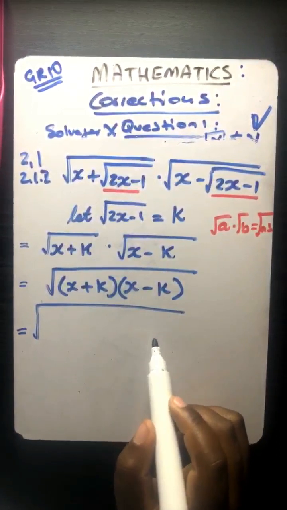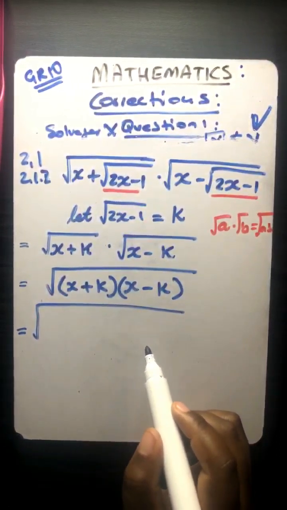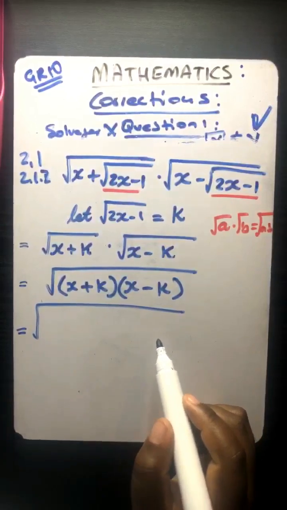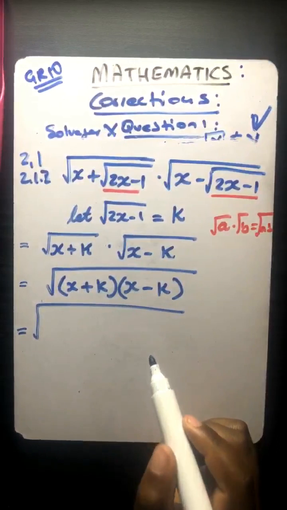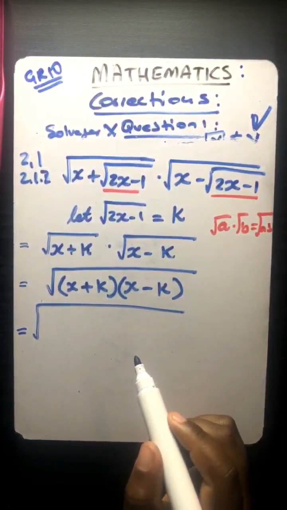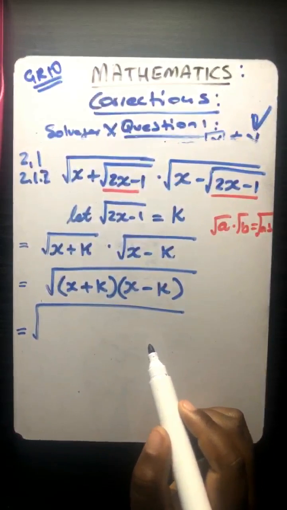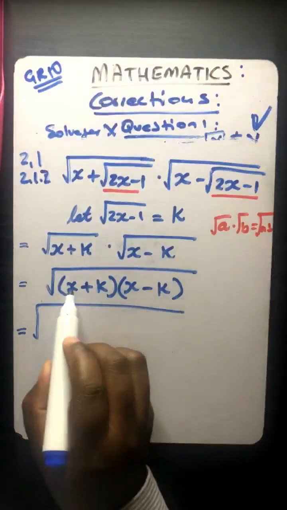But the question is, with me doing all of that, what was I actually trying to achieve? Why did I do that? Maybe I wanted to say this times that.